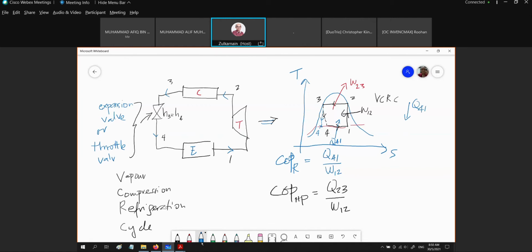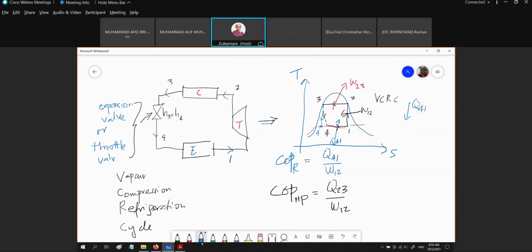So what we are going to do next is move the point 1 to the right, so that we could have more enthalpy change from 4 to 1.